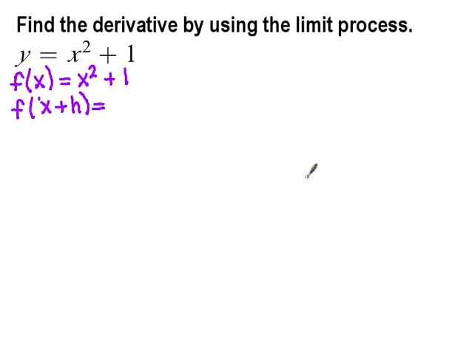So now we need to think back to when we first learned about functions. How would I find what f of x plus h is? Notice I've got f of x here. I want to find f of x plus h.